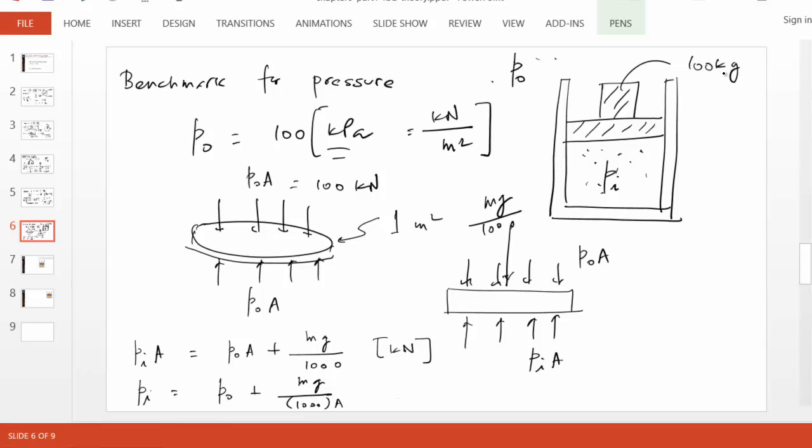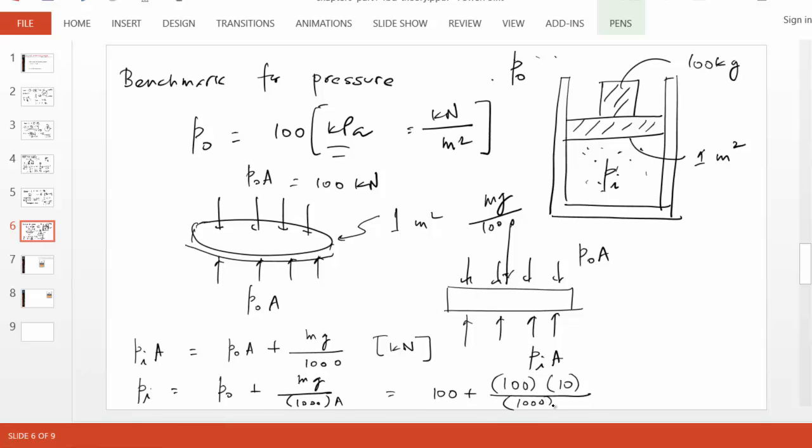Let's make up a problem. It's 100 kg. Let's assume the piston has an area of 1 meter square. I'm making up a very simple problem. Then the inside pressure must be what? 100 plus, remember, mass is 100 kg, and g we are approximating as 10, so that I don't need a calculator.